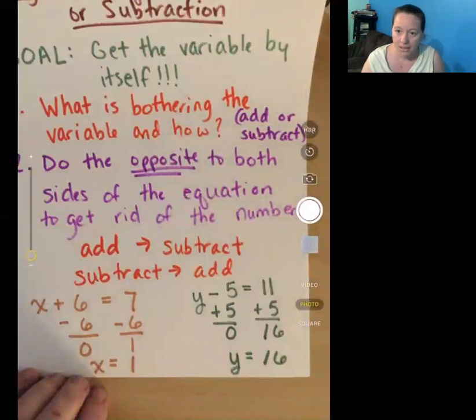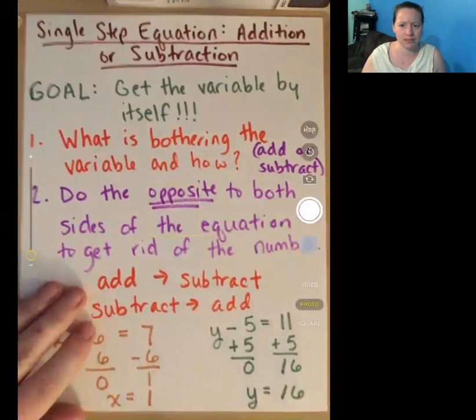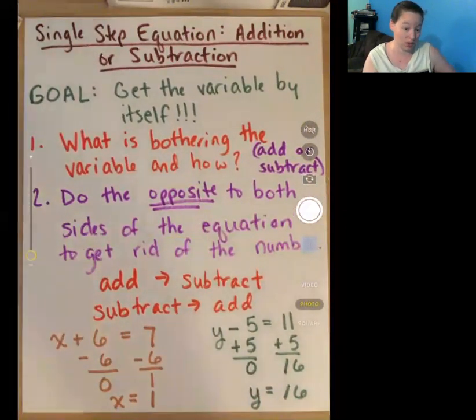Okay? Let me go through some other examples and some if scenarios, because sometimes we end up with stuff looking a little crazier than what you would think it should look like.